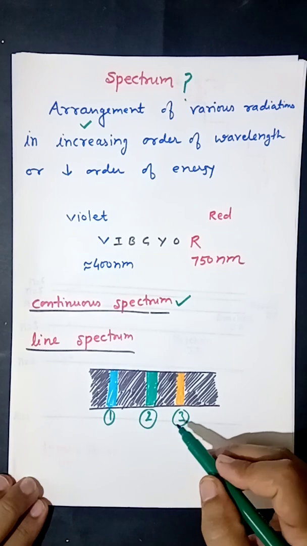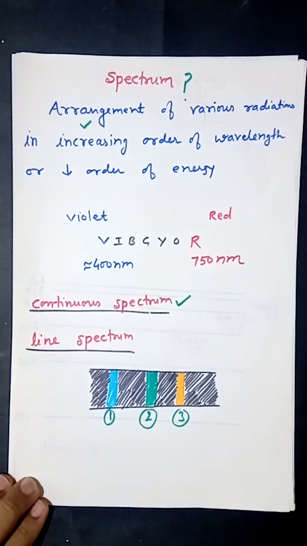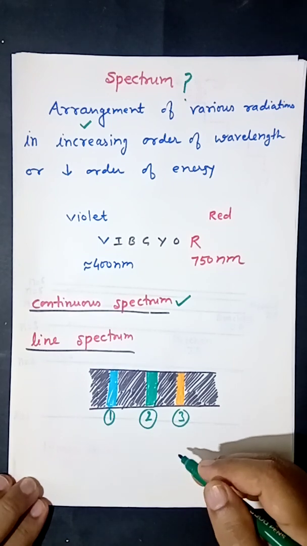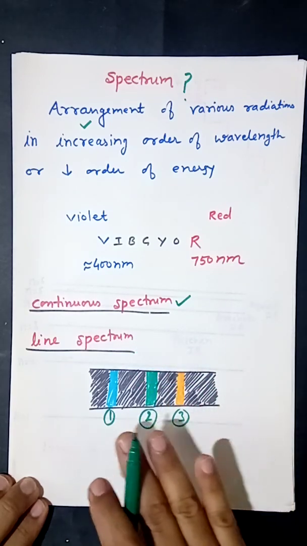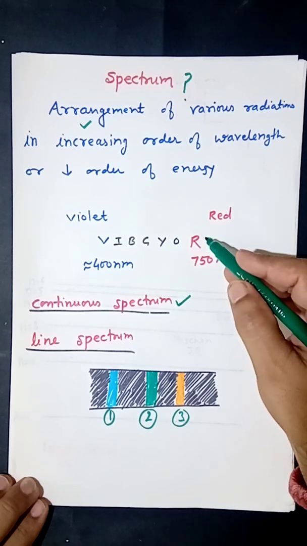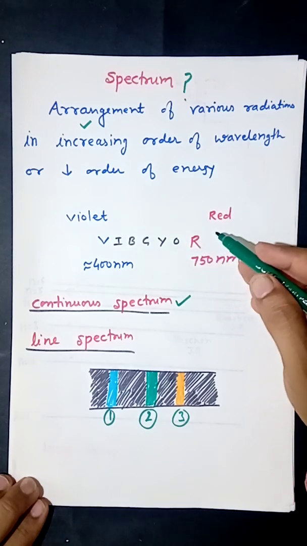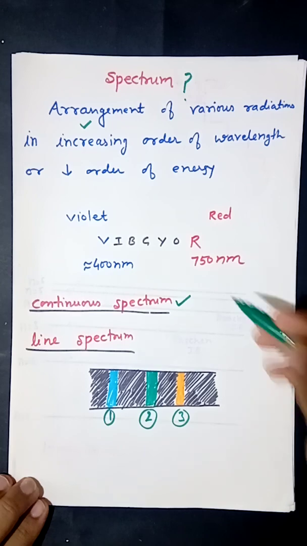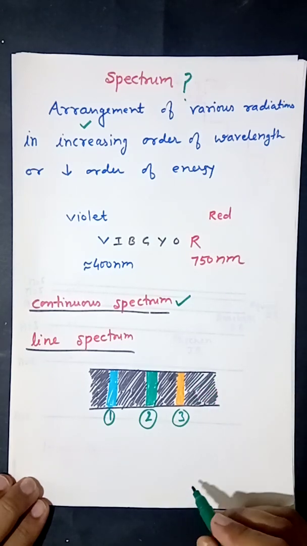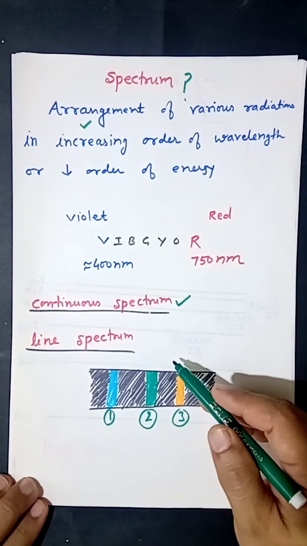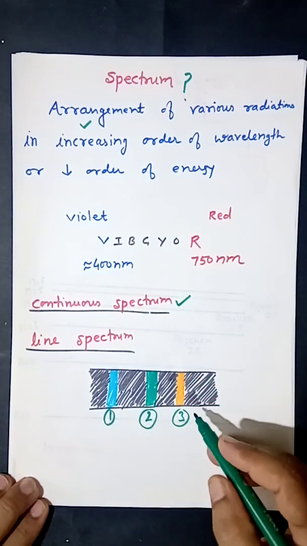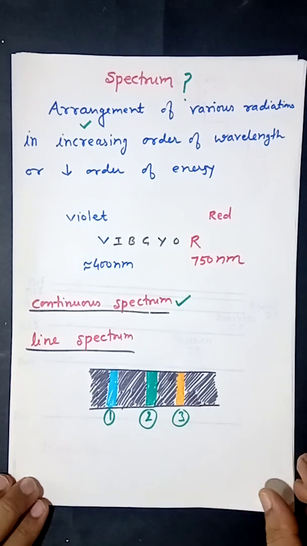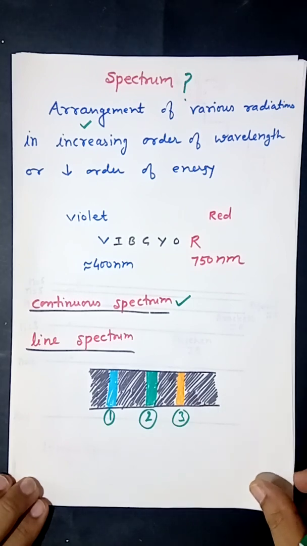These three radiations are quite separated from each other, and such a type of spectrum is known as line spectrum, where radiations are separated from each other. Here radiations blend with each other, next and previous, and that is known as continuous, and this is known as line spectrum. Whenever you obtain the spectrum of an atom, it will be a line spectrum. This is also known as discrete spectrum because the radiations are quite far away from each other.